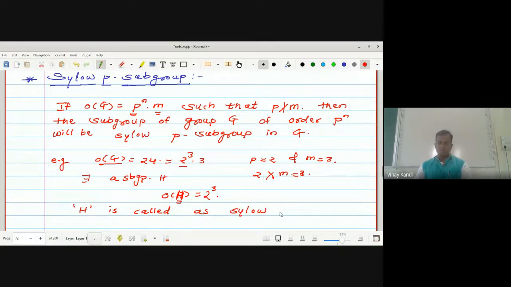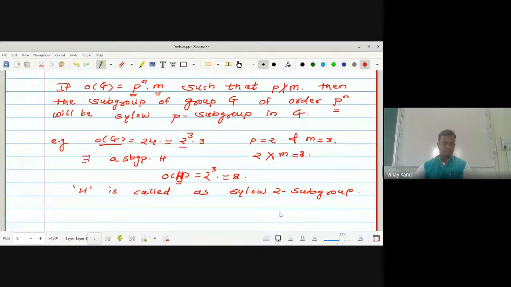What is the value of P here? 2. Is it correct? So what is a Sylow P subgroup? If the order of G is equal to P raised to n into m such that P does not divide m, then the subgroup of group G of order P raised to n will be a Sylow P subgroup in G. For example, if the order of G is equal to 24, which is 2 cube into 3, that is 8 into 3, then in this G there exists a subgroup H of order 2 cube, which is equal to 8. What is the order of H here? 8. And this subgroup is called a Sylow 2 subgroup.